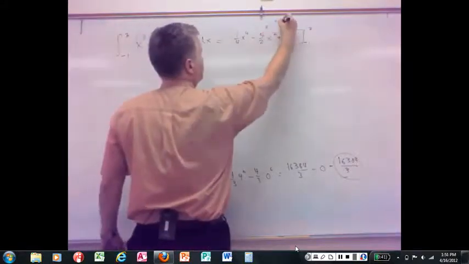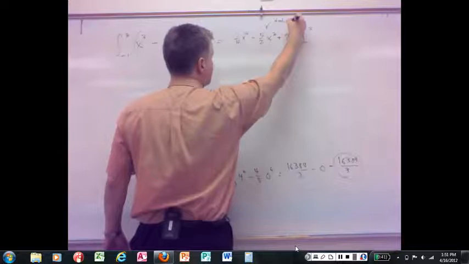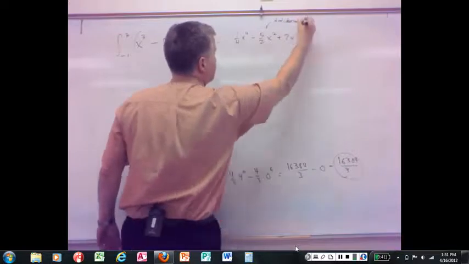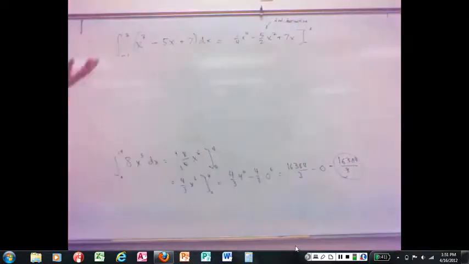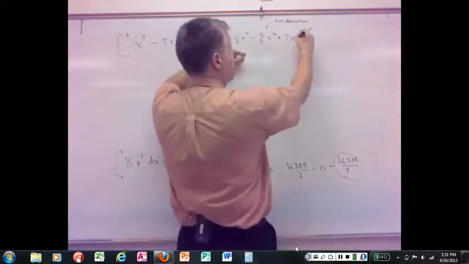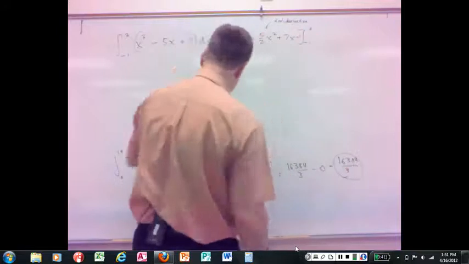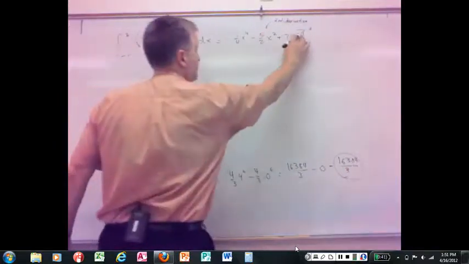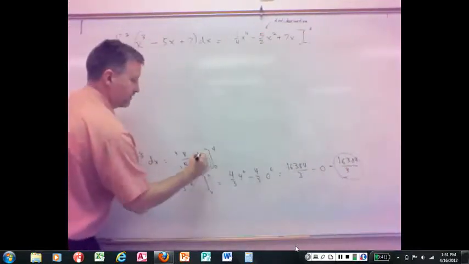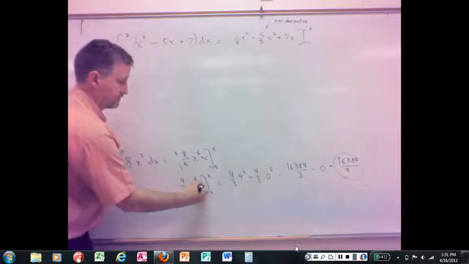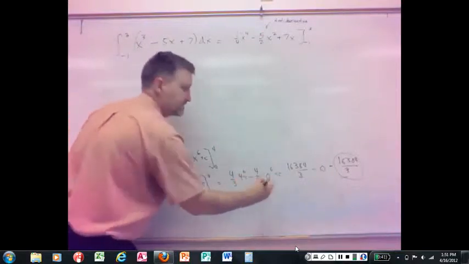Now the reason I'm not writing C here is because, back on that original handout, I said let's choose C to be 0. Why did I do that? Even if I chose C here to be C, if you think about it, when I do plus C here, I have plus C here, and then I've got minus C here, don't I?